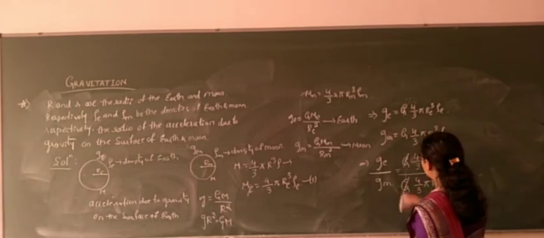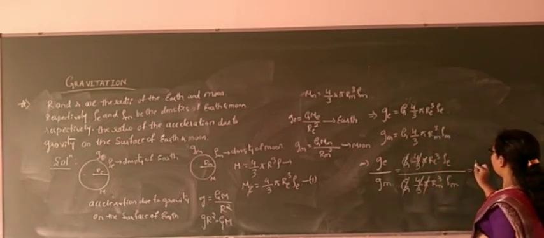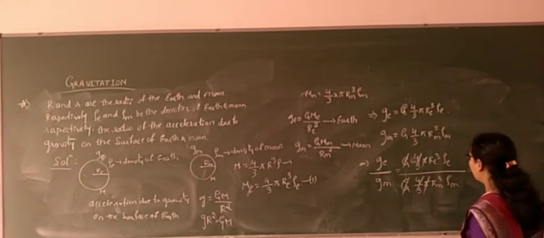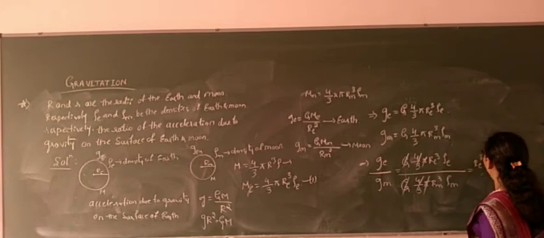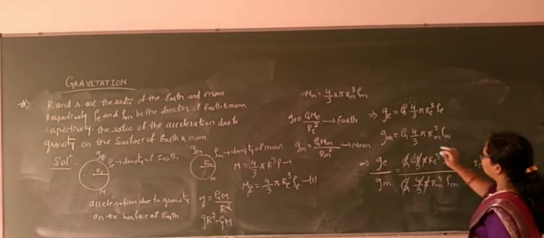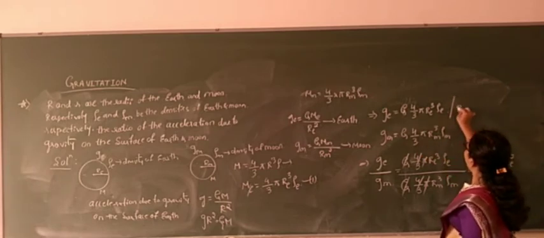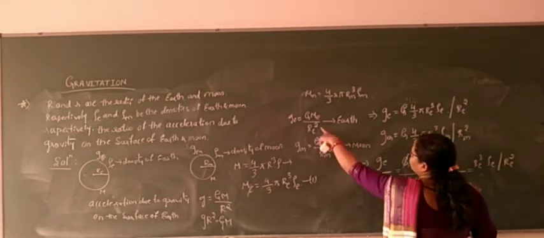So G will get cancelled, 4 by 3 will get cancelled, pi will get cancelled. Here we have r_e cubed rho_e divided by r_e square. Here we have forgotten to write r_e square and r_m square, so this part we have negated.